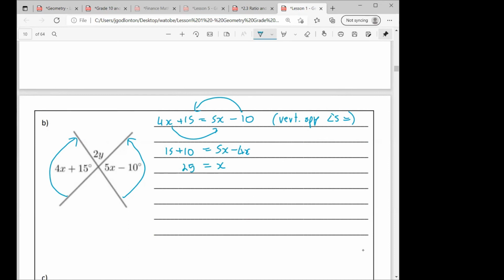So for example, if I know that x is 25, that means that this is 4 times 25, which is 100, plus 15. So that angle is 115 degrees, and that should help you.